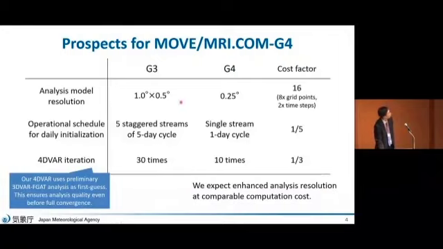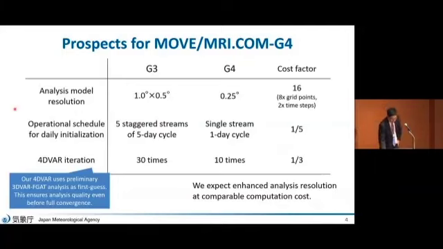Currently, the G3 now is using 5-day window. So in order to provide initial condition every day to our coupled model, we need 5 of them. So in a G4 system, we may decrease it into a single stream of 1-day cycle so that we can decrease the cost by 5.